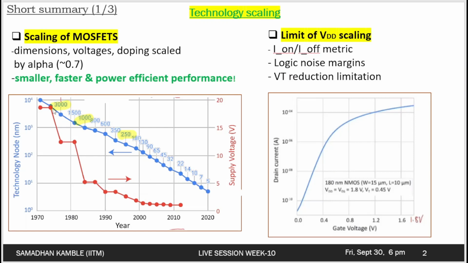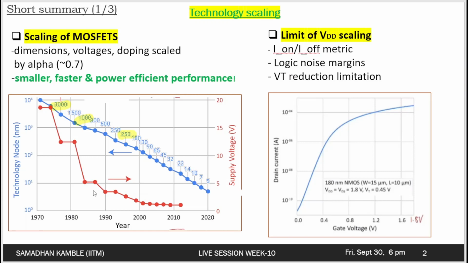Still, we see steps in which the supply voltage was kept constant for a couple of nodes, and then it was reduced by that particular factor, and this is sometimes called classical scaling or constant field scaling.